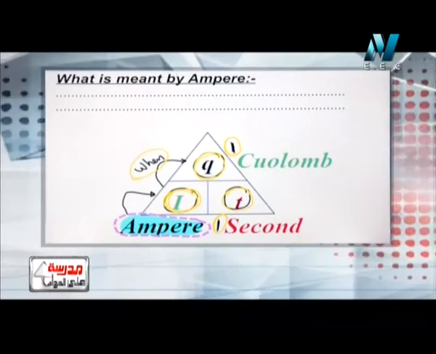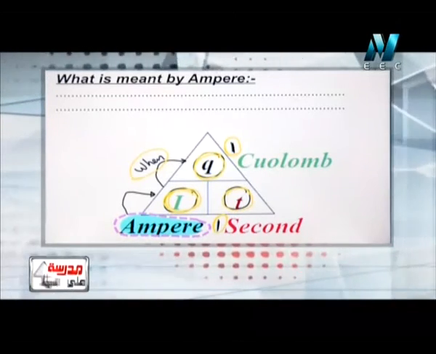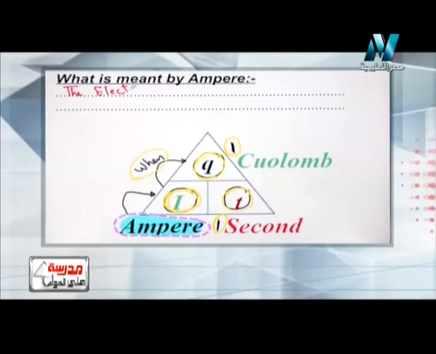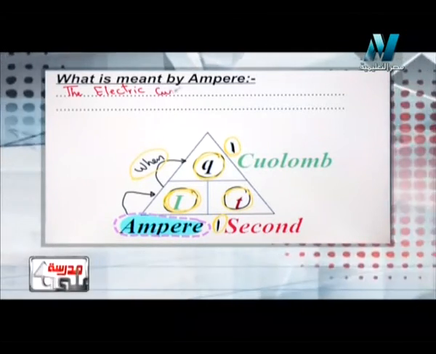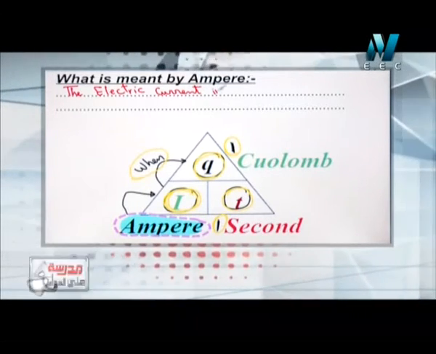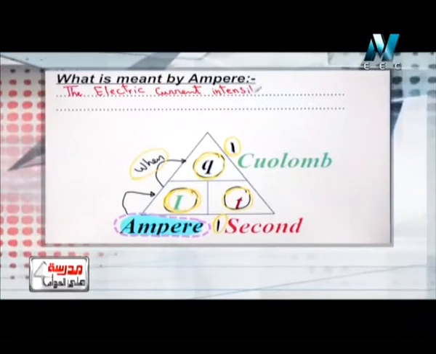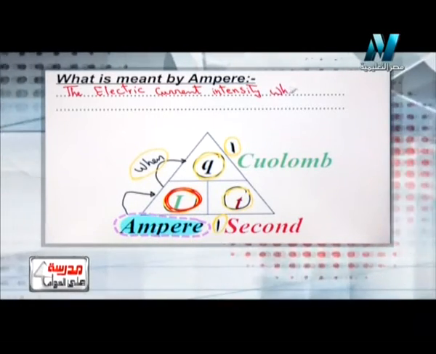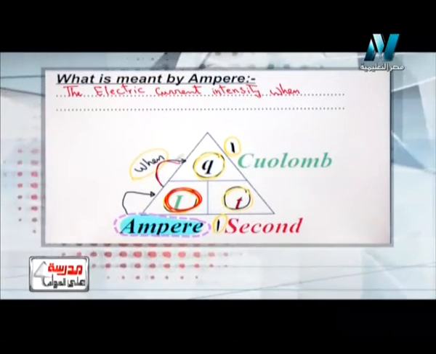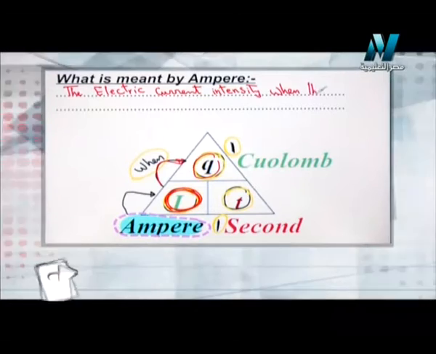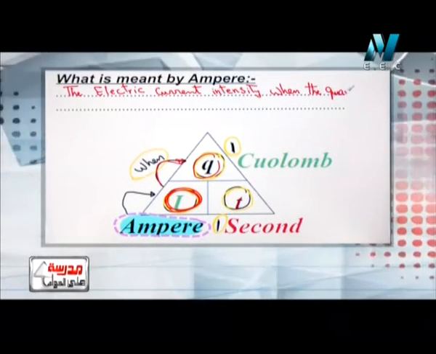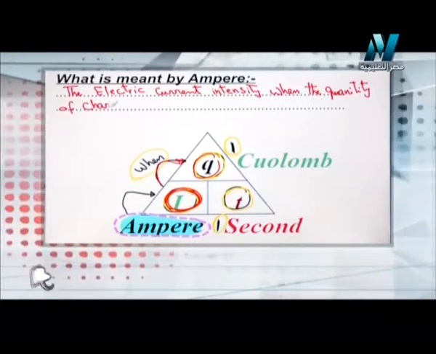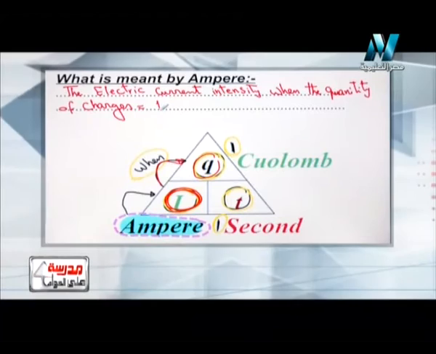Can we write it? Let's write it. When he asks what is meant by ampere, I say it is the electric current intensity when the quantity of charge equals 1 coulomb.